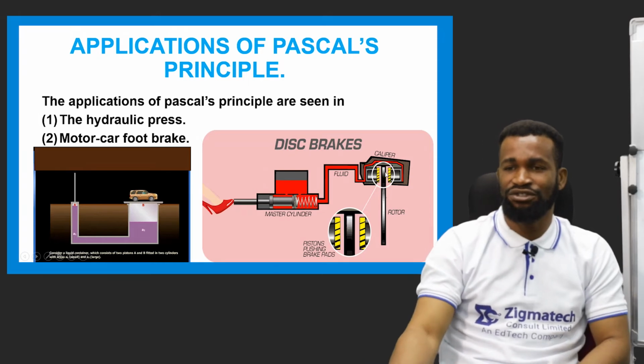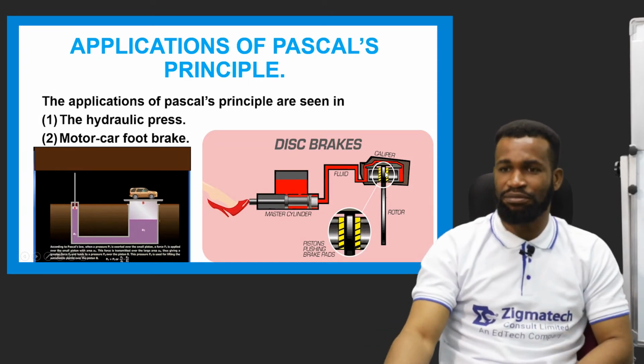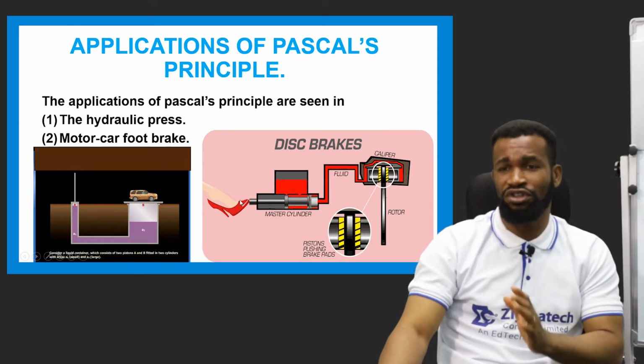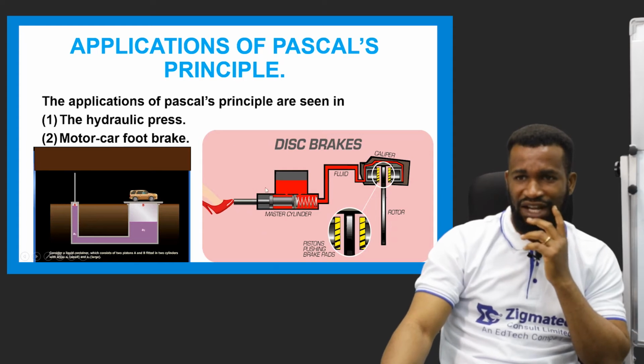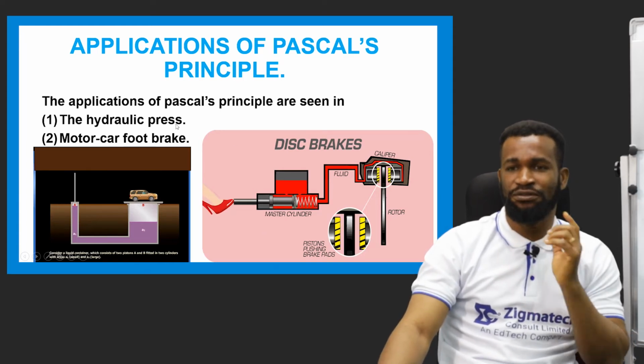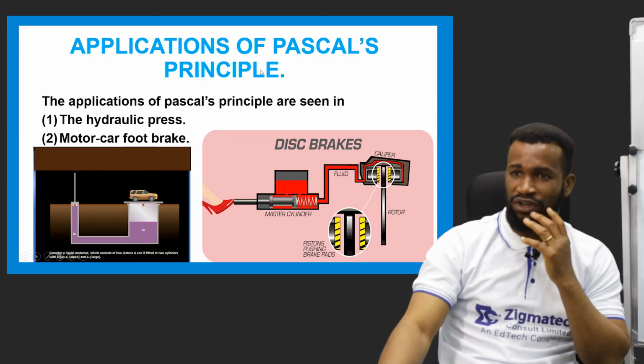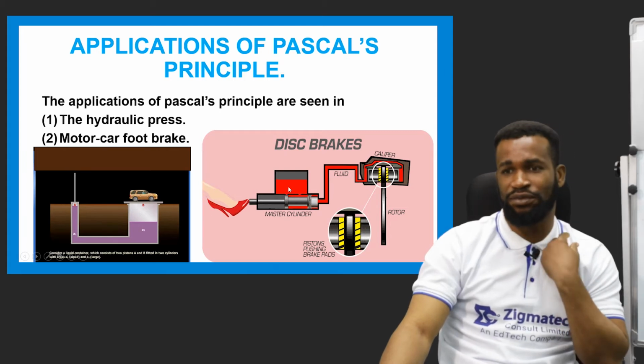And that is why when you are driving, you apply the brake, and the motion of the car comes to a halt. And these are very good inventions that came from what Pascal stated about fluid pressure.